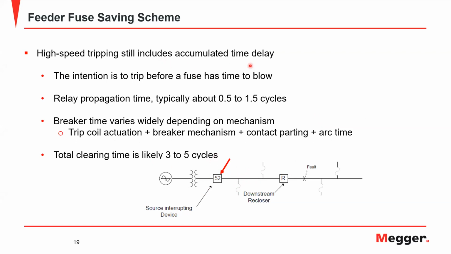Now, high-speed tripping is indeed not instantaneous. Well, it's high-speed, but it's not instantaneous. The first thing we have is relay propagation time. It varies depending on the relay and the type of output contact, but generally this is the time period required for the relay to sense the fault, make a decision, and close its contact.